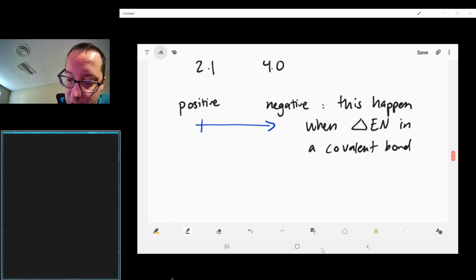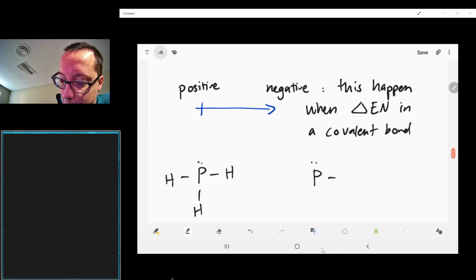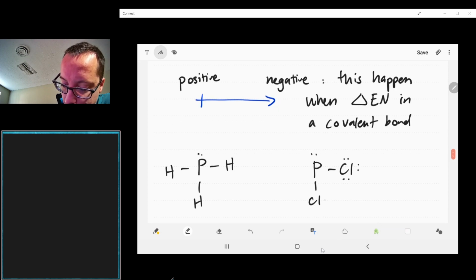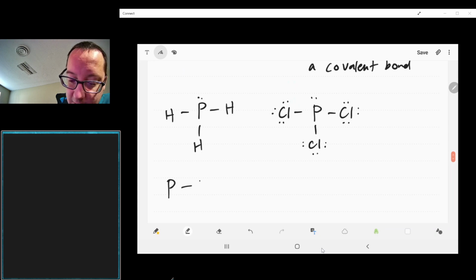All right, so if we go back to that original thing where we had drawn the phosphine and the phosphorus trichloride, we can look at these bonds, and we can go ahead and look at their electronegativities.